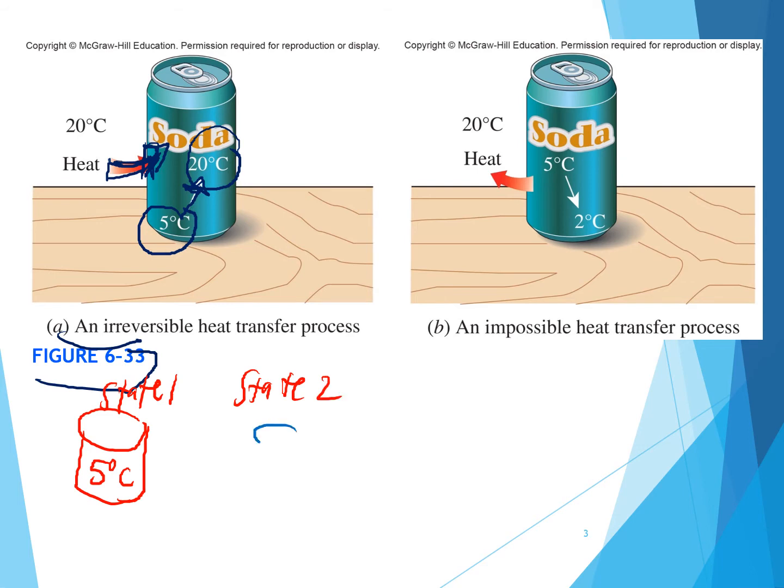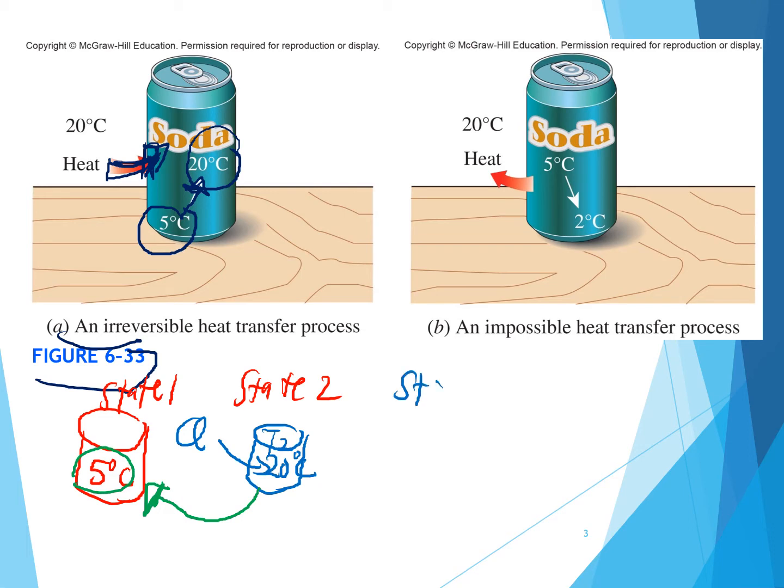Alright, in state 2, heat is absorbed from the room air, and the temperature of the soda increased from 5 to 20 degrees C. Now, can we reverse this process so that we can get back the original temperature of soda, which is 5 degrees C?